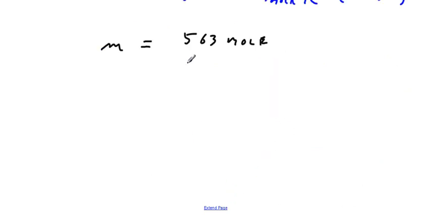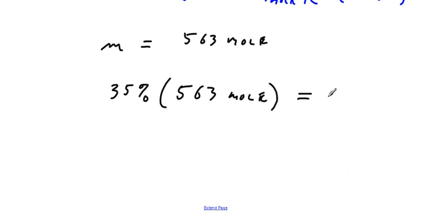Now, the mass that can be added would be 35% of that, because I already have 65% of that in the room already. So 35% of the 563 moles, and then if I multiply, why don't I just multiply it out?